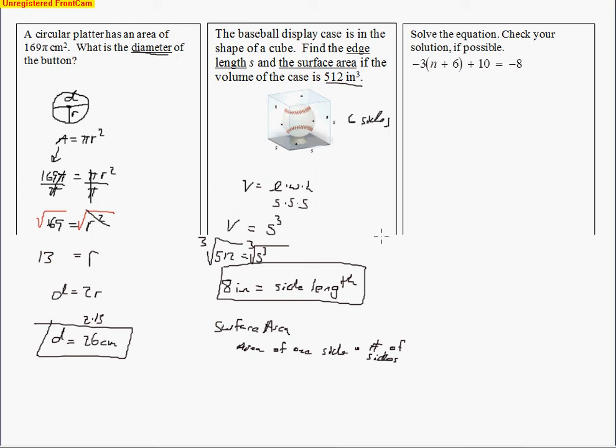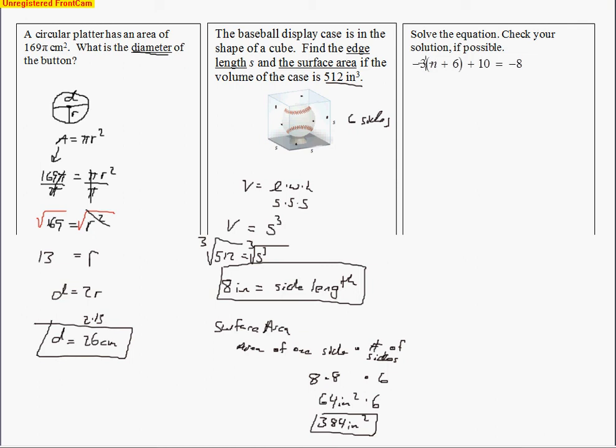And so I'm going to take 6 sides and multiply it by the area of one side. Well, the area of one side is 8 inches by 8 inches, and so that makes 64 inches squared times 6. And so when I multiply those two numbers together, I end up with 384 inches to the second power. And that's going to be the surface area.